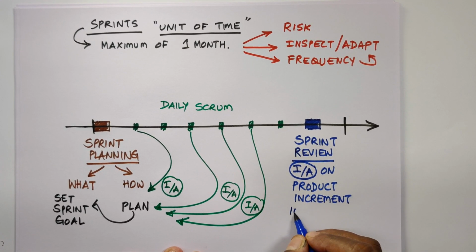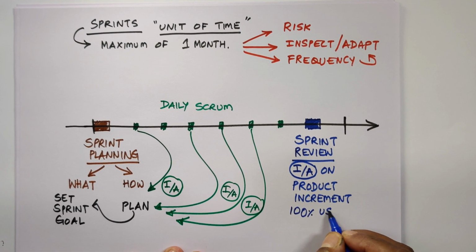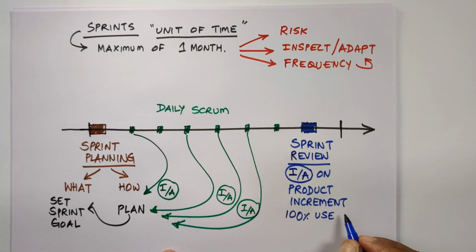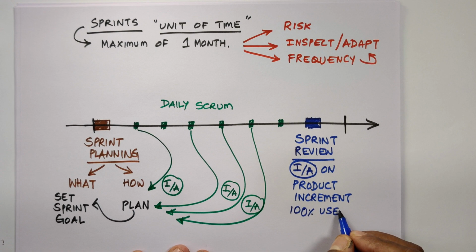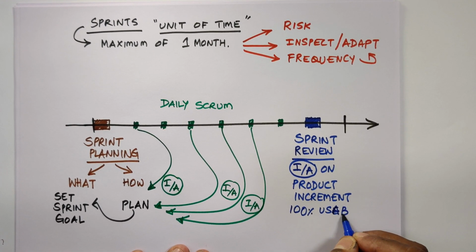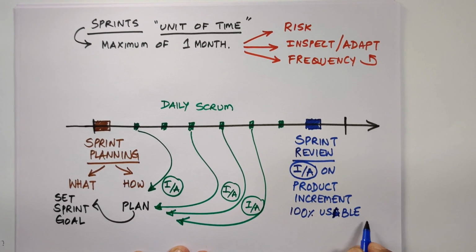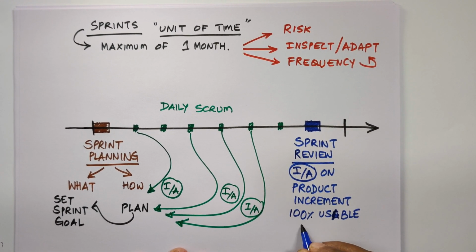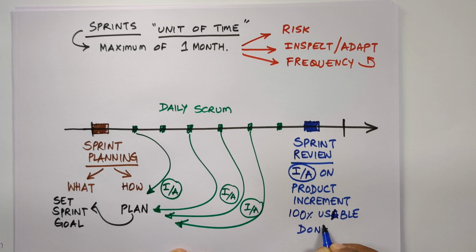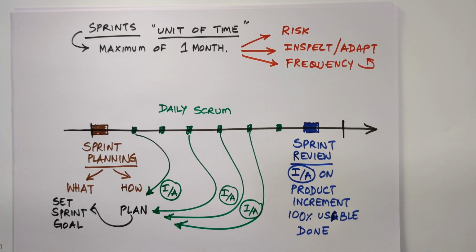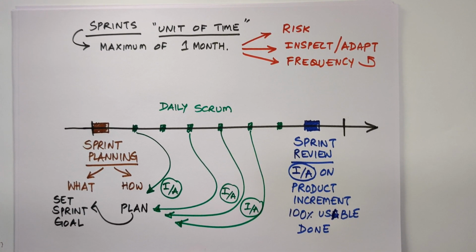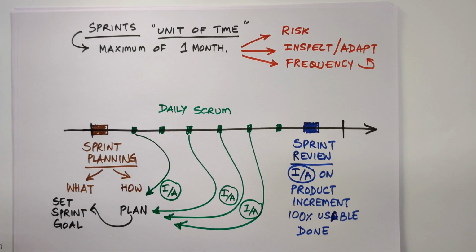So we have a 100% usable product increment, and this is 100% done. So we review on this and basically take appropriate actions.